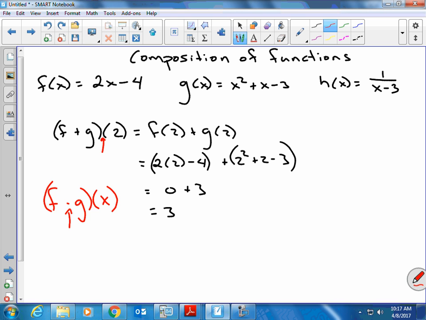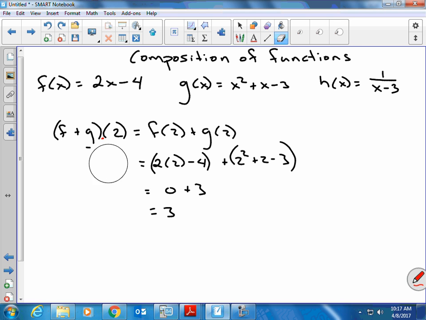That means multiply. That does not mean multiply. So this here does not mean multiply the function by 2. What it means is evaluate f of 2, evaluate g of 2, and add them together.